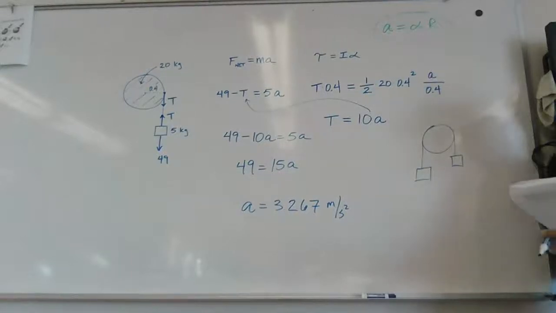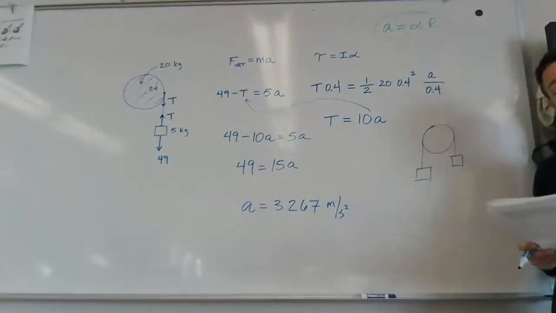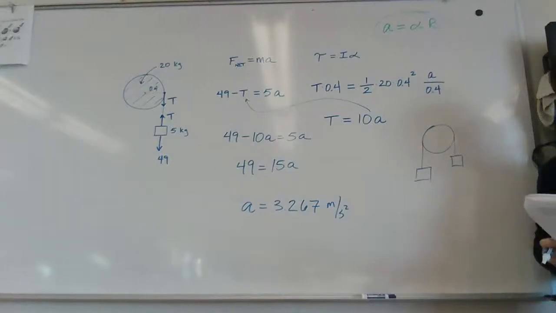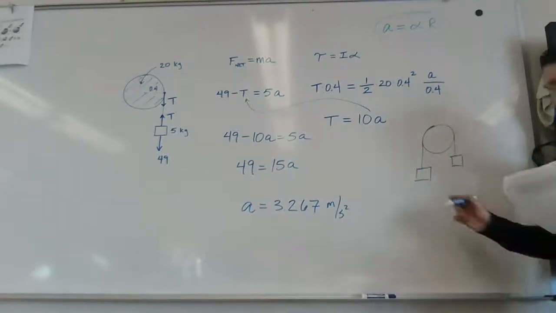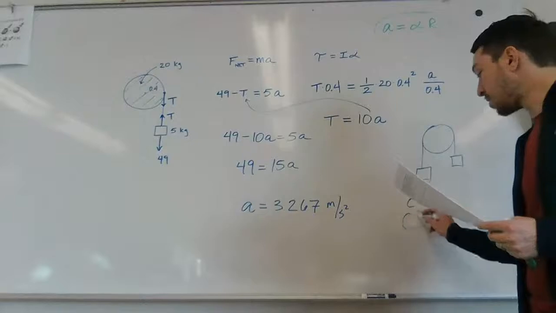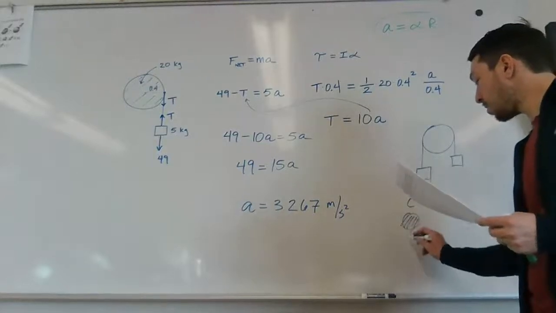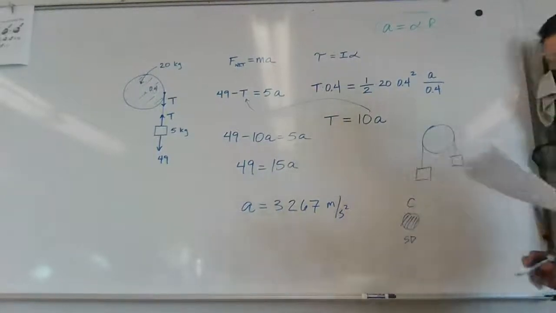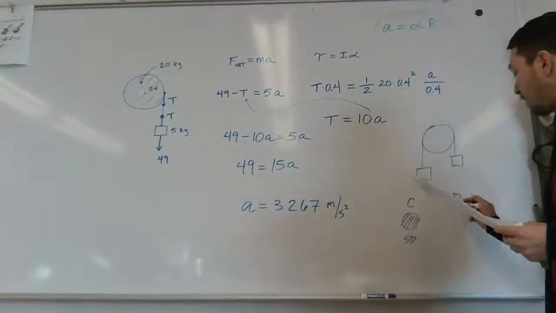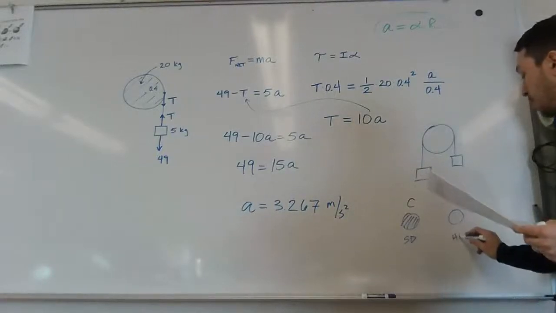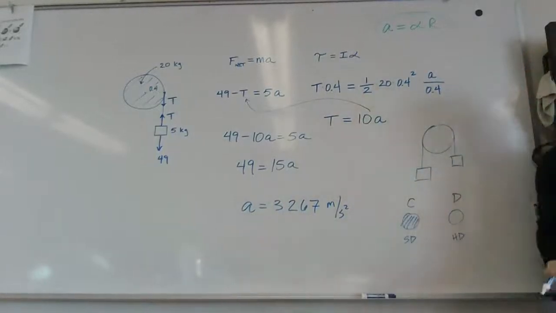And then question B says you have pulley C and pulley D, same mass and radius, but pulley C is a solid disk, and pulley D is a hollow disk. Same mass and same radius. Which of these would allow the system to accelerate faster?